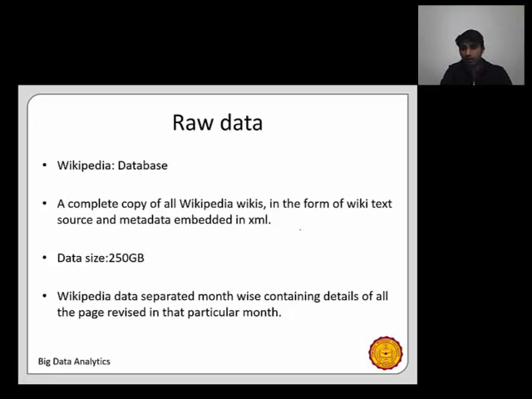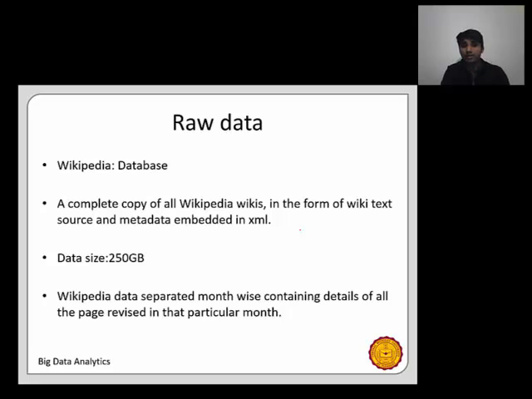Before going further on the query part, firstly I want to go briefly over my dataset. My dataset is all about Wikipedia, which is a complete copy of all Wikipedia wikis, in the form of wiki text source and metadata embedded in XML.